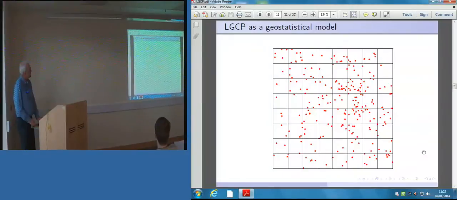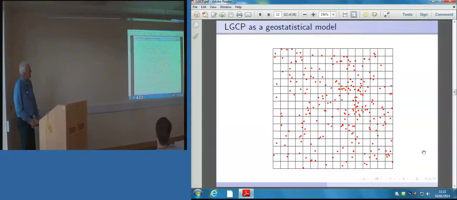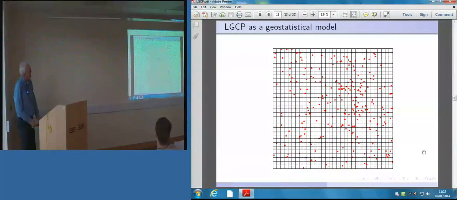And of course, you're throwing information away there, but as long as your computer's big enough, you don't have to. And in fact, this isn't just a picture, because you can prove mathematically that if you take a Markov random field with Poisson counts, and then take the limit as the grid on which it's defined goes to 0, you do indeed get a point process.